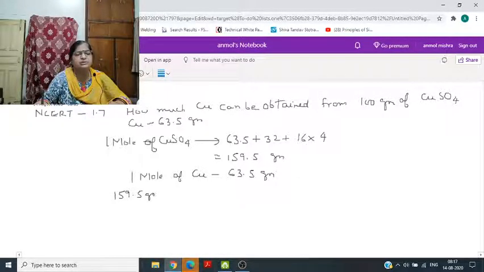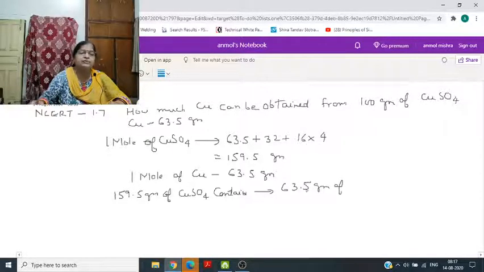So by the unitary method, 159.5 grams of copper sulfate contains 63.5 grams of copper.